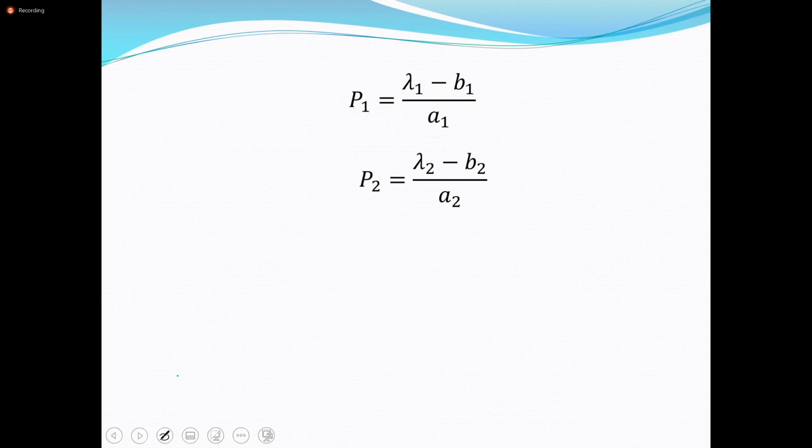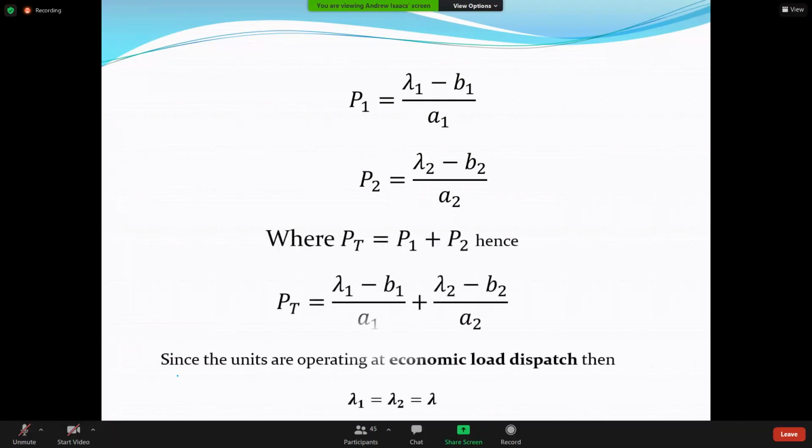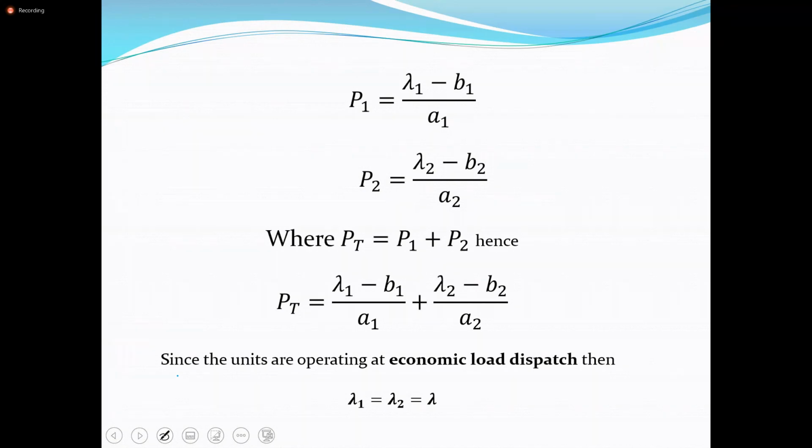But as I just said, the total load is what is being demanded from the plant, and that total demand is being supplied by these generating units. So PT would be equal to P1 plus P2, and then I substitute for P1 and P2 in this equation.